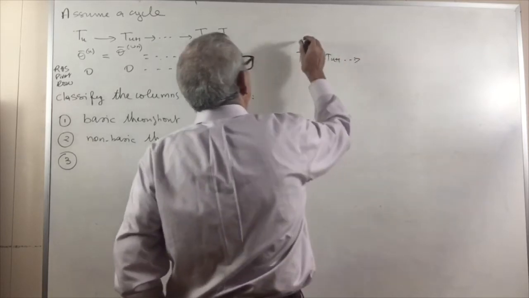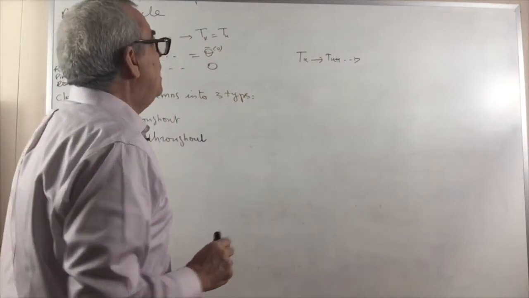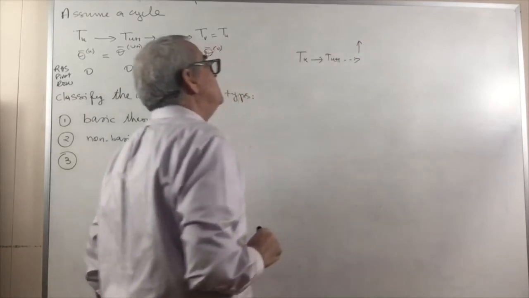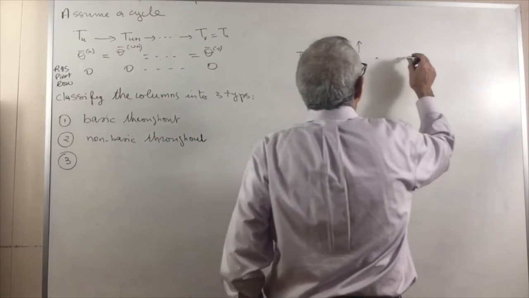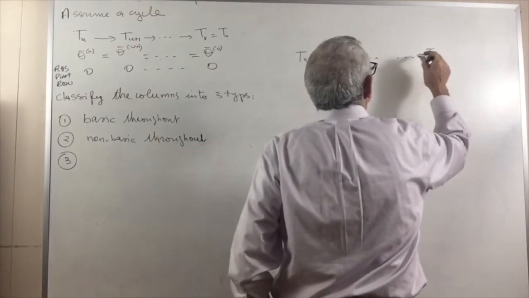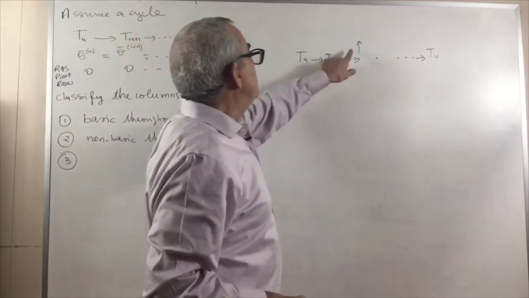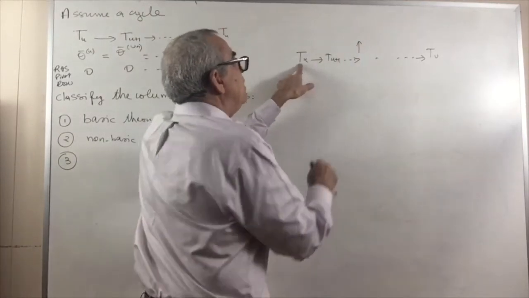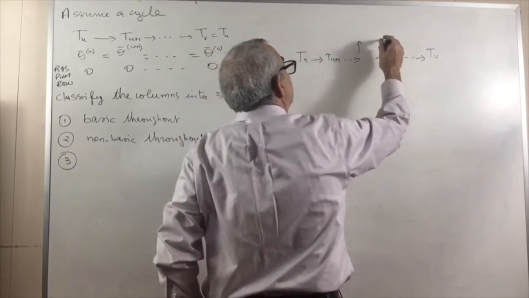So I have a column that's basic here, and then it came out of the basis. This specific column was basic here, and then it came off the basis right here. But because it's basic here, it's also basic here. Therefore, this column has to come back into the basis.